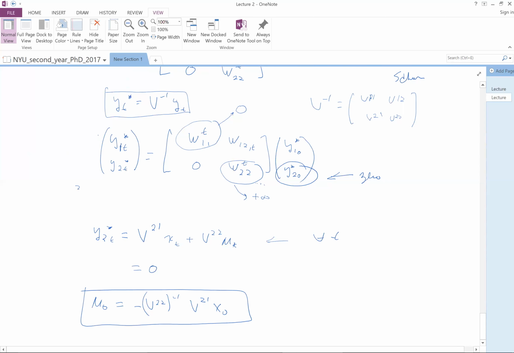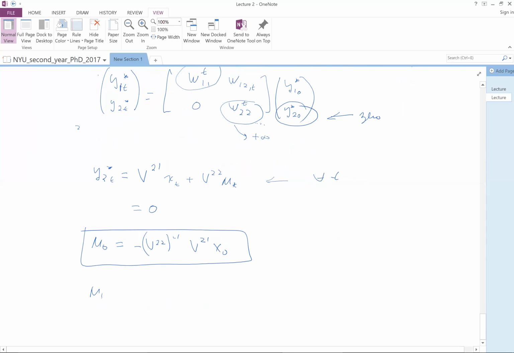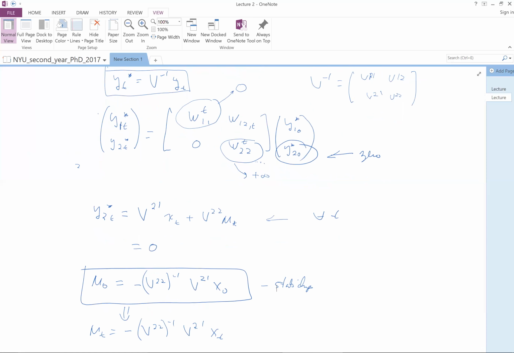That's also going to imply this, you can check it out. But this works. This stabilizes, and it disables the unstable dynamics.